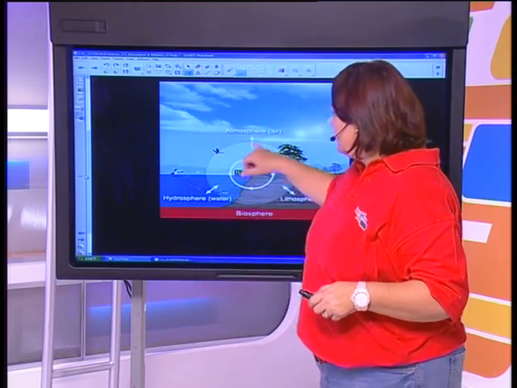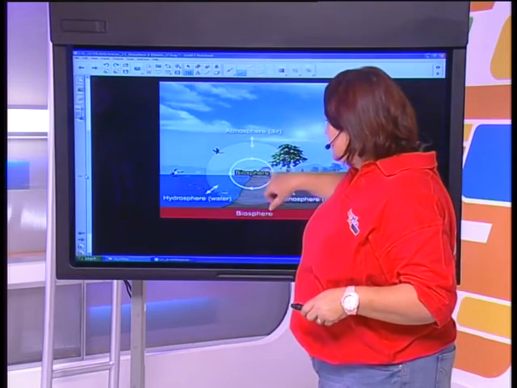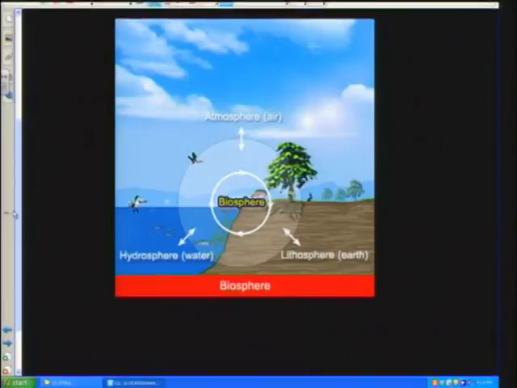So it's always connected. If you have a look over here, there's an animal on land right next to water where there's a tree, and everything is connected to each other. And that's what we talk about, as I said, the global interconnectedness.